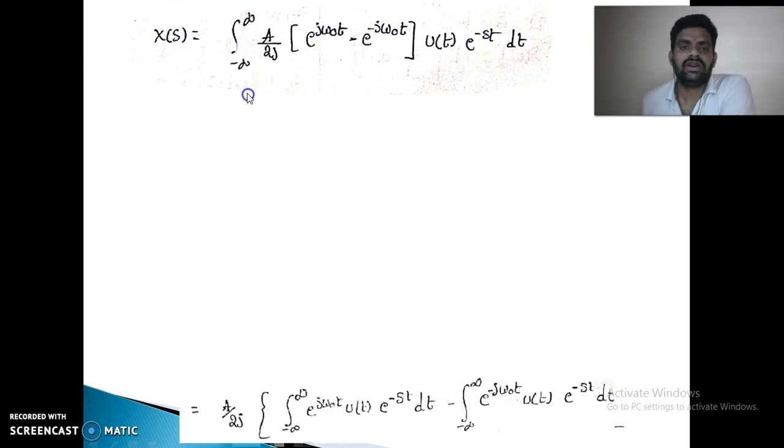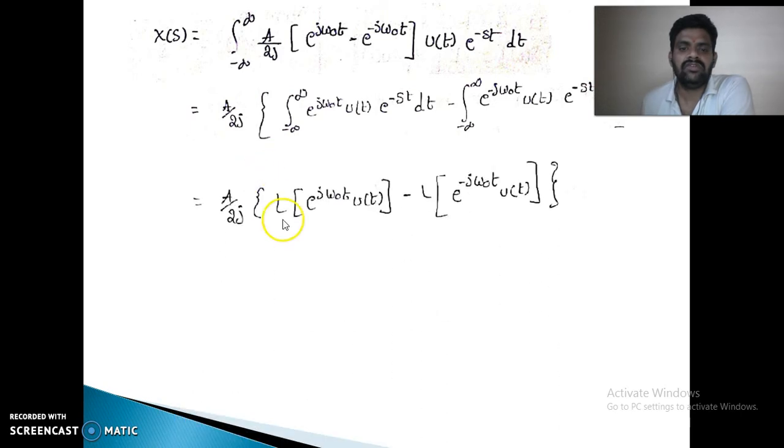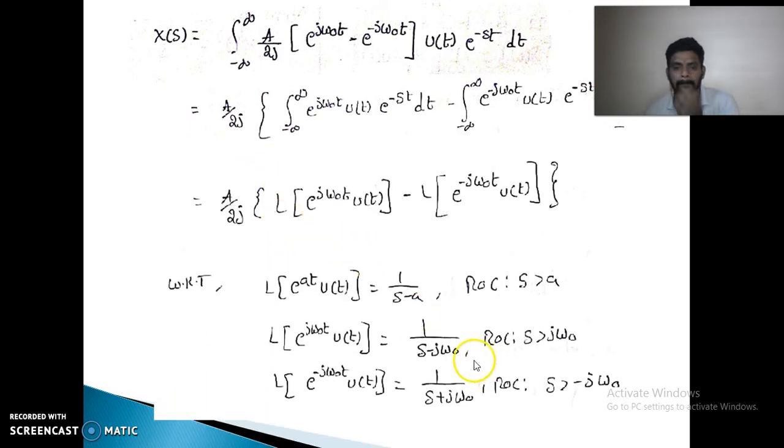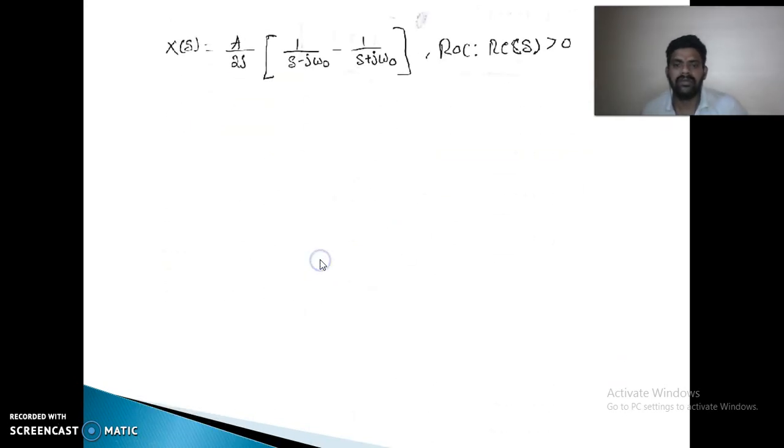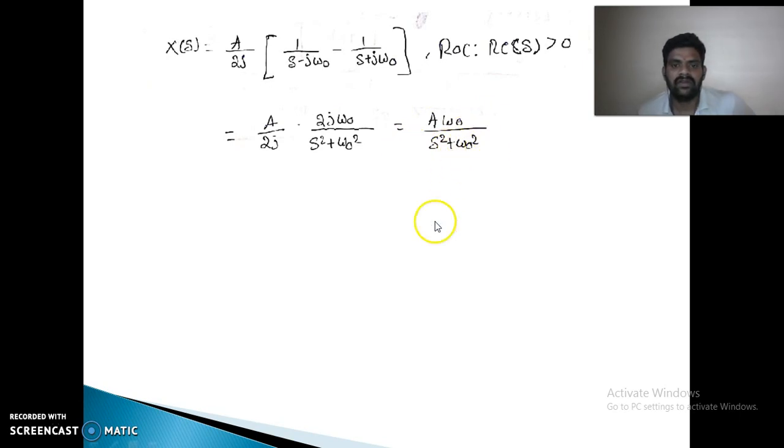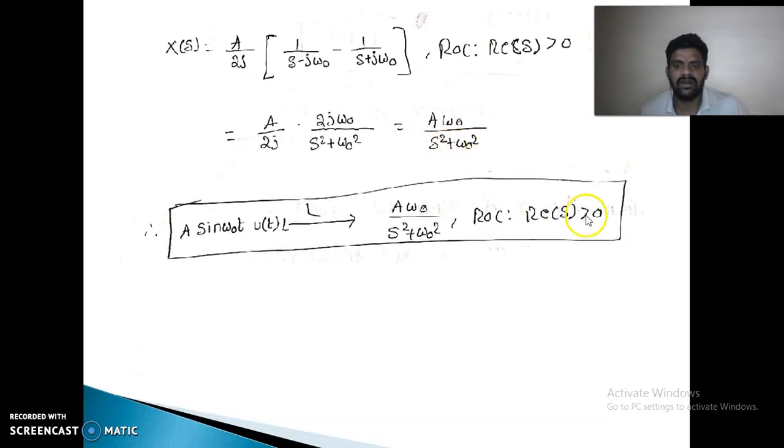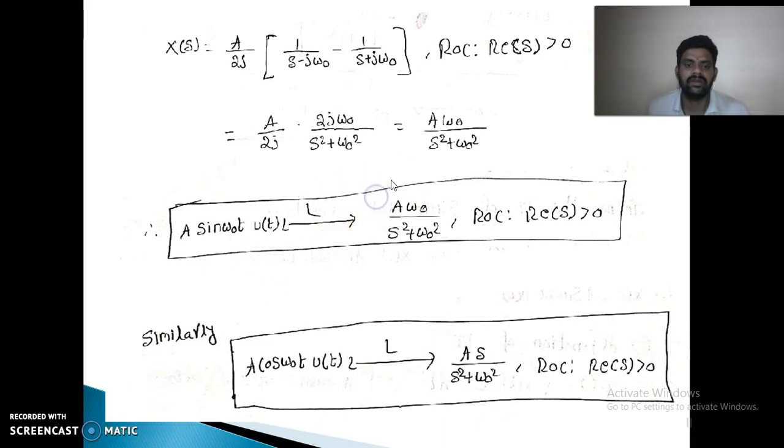Substituting and solving the integral, it becomes 1 by s minus j omega minus 1 by s plus j omega. The ROC is greater than 0 because there is no real part, and this is A omega naught by s square plus omega naught square. The ROC is the real part of s greater than 0. So A sin omega naught t u of t is a Laplace transform pair with A omega naught by s square plus omega naught square.